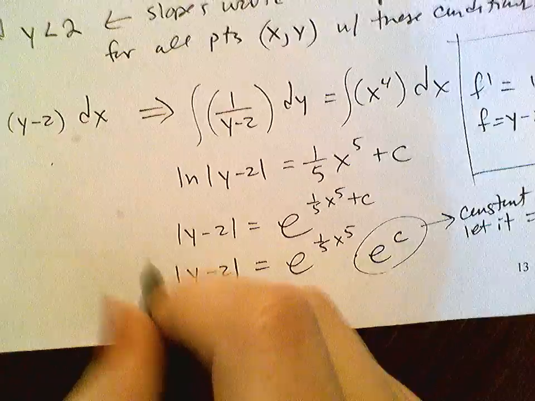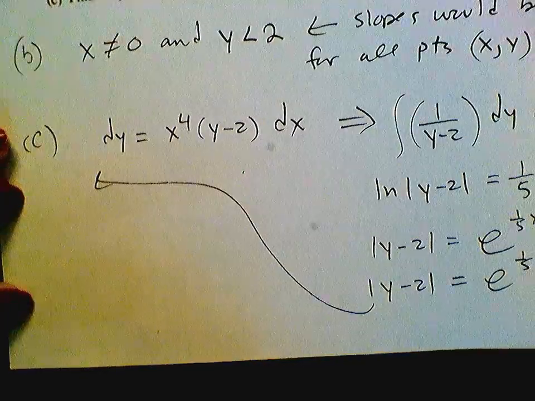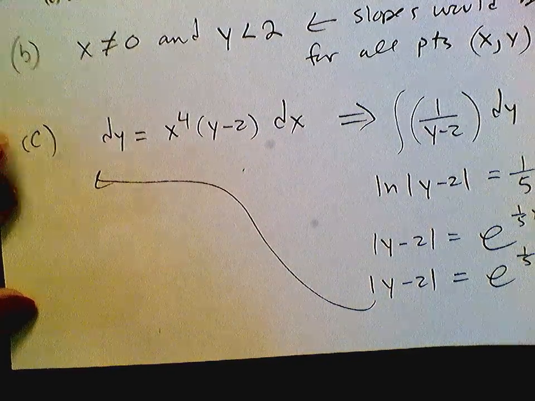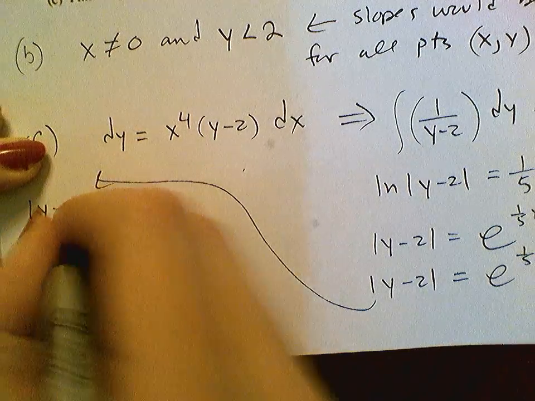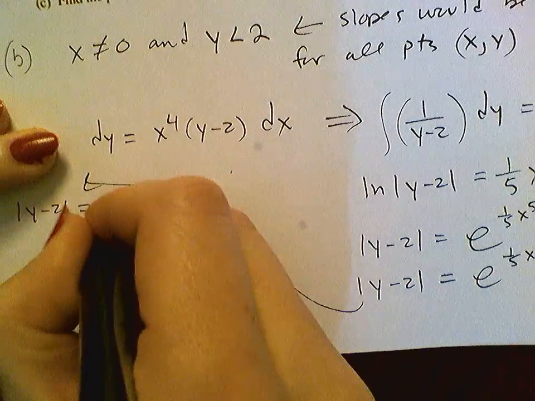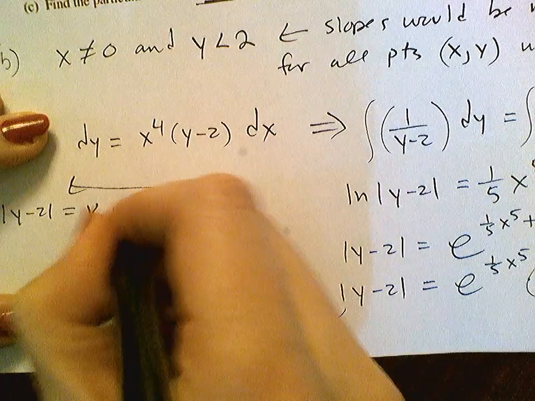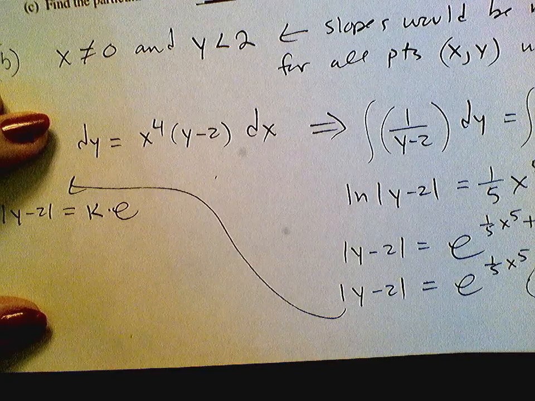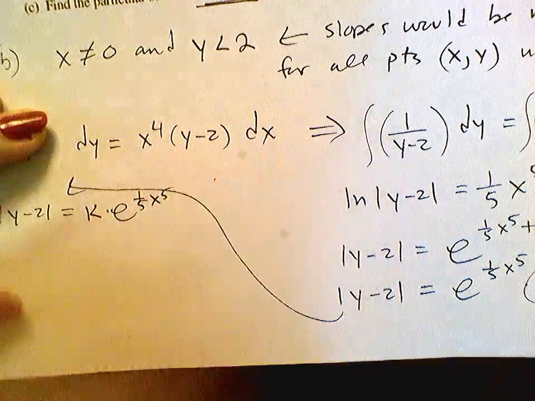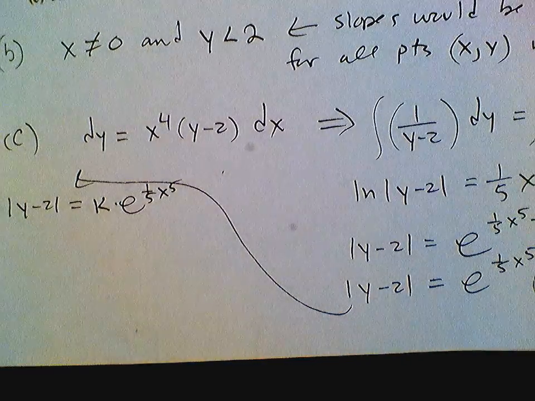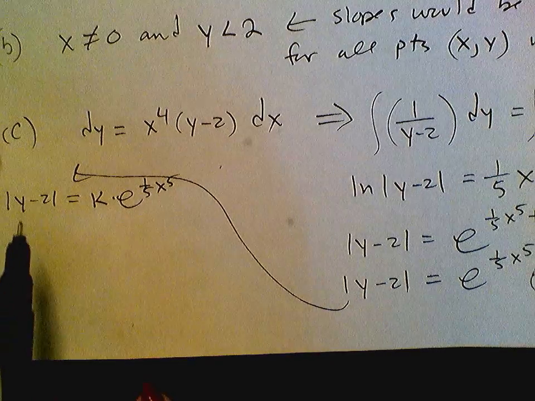Now over here, we will end up with the absolute value of y minus 2 equals, I'm going to bring the k out front, k which was just e to the c. It's just some constant. It could be anything depending on what c is, times e to the 1/5 x to the 5th. And now, let me get y by itself.